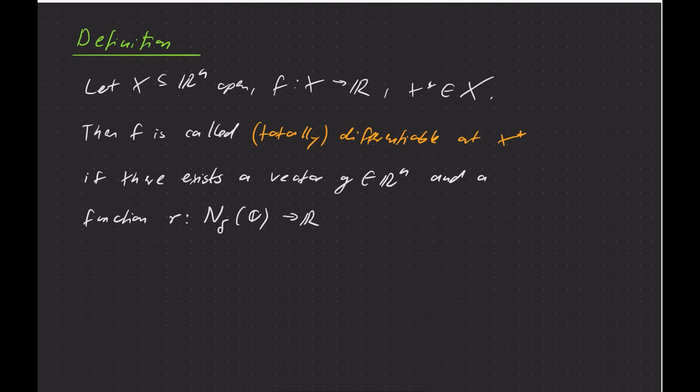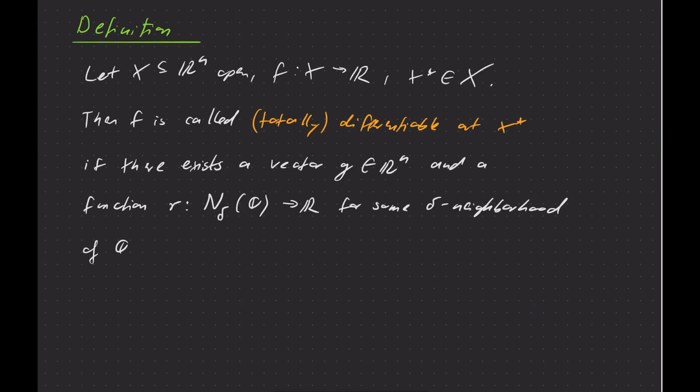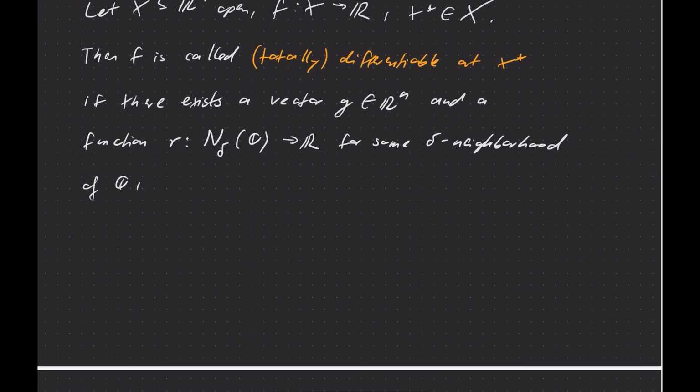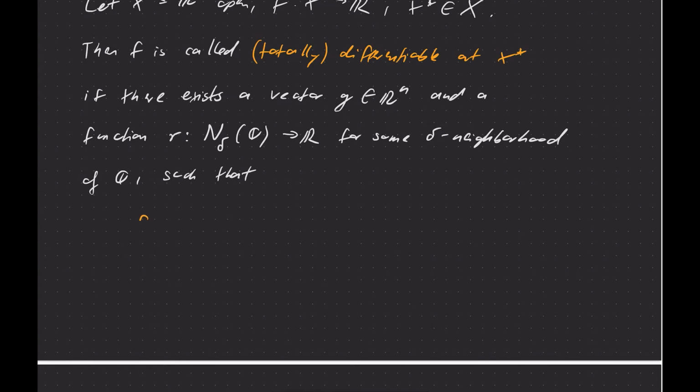We'll measure an error for some delta neighborhood of the origin, such that the following holds. f of x can be expressed as f of x star plus G transposed times x minus x star.